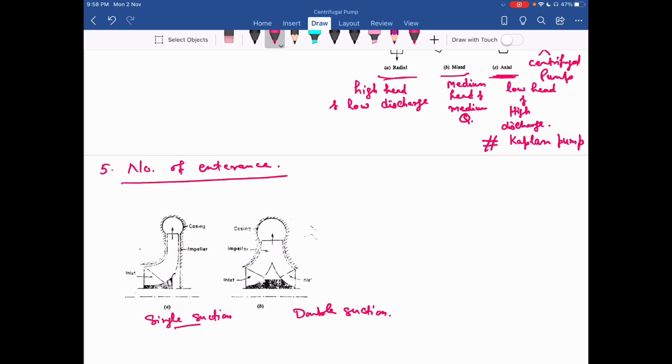Okay, single section pump and double section pump. So you can see here from the eye, water enters from one side, one side of the impeller. So you can see in this second diagram, the water enters from both sides of the impeller. Okay, so this case is double suction and this is the single suction pump.